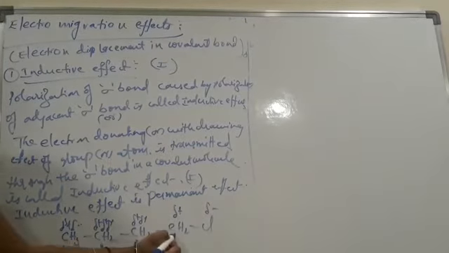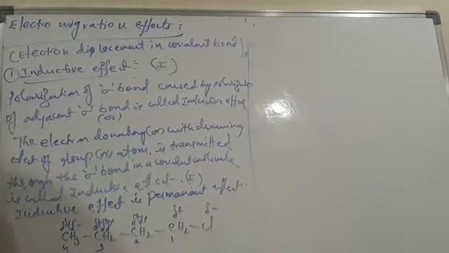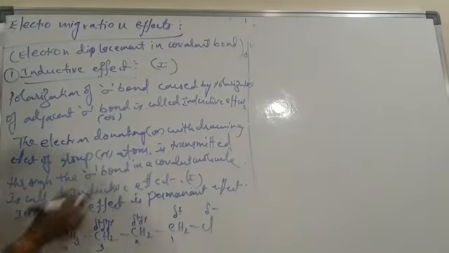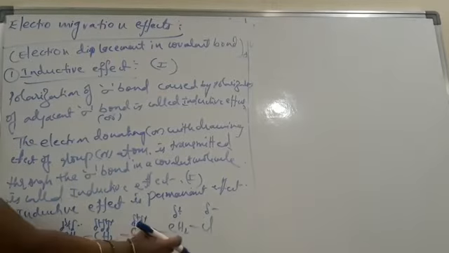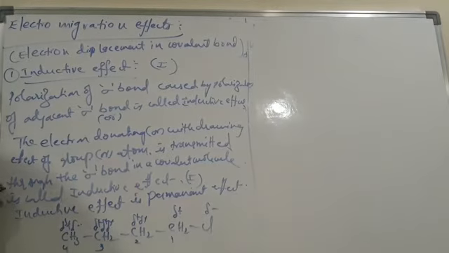For example, this is C1 carbon and C2 carbon. In between C1 and C2, this is less than that of C1 and chlorine. In between C2 and C3, this is less than that of C1 and C2. In between C3 and C4, this is less again.